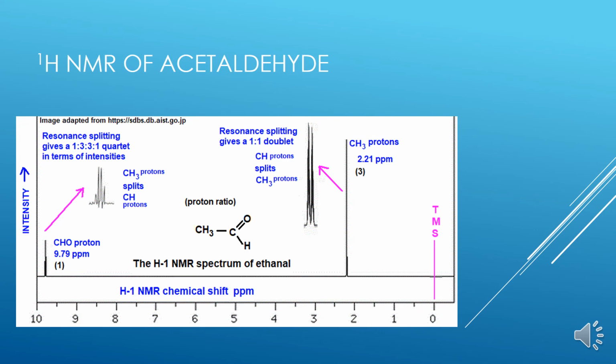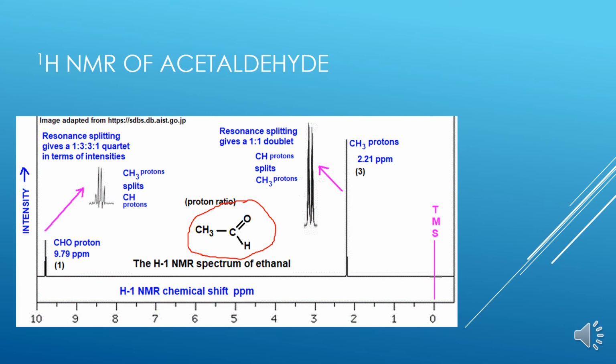Now let us go for the third example. This is the proton NMR of acetaldehyde. The acetaldehyde molecular formula is CH3CHO. Remember, in this acetaldehyde molecule there will be two types of protons.